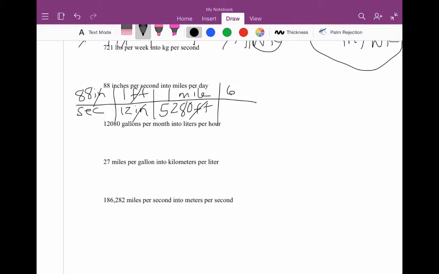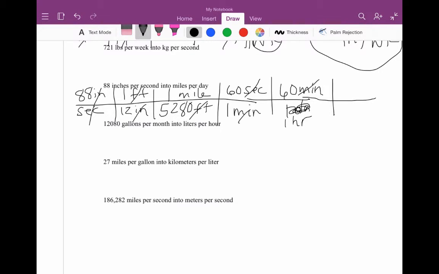There's 60 seconds in 1 minute. 60 minutes in 1 hour. Sorry, seconds crossing out. 24 hours per day. Hours crossing out. Now we have miles per day, which is what we want.